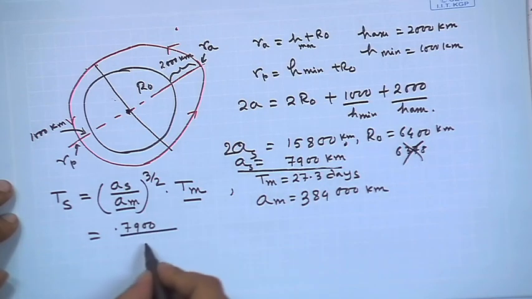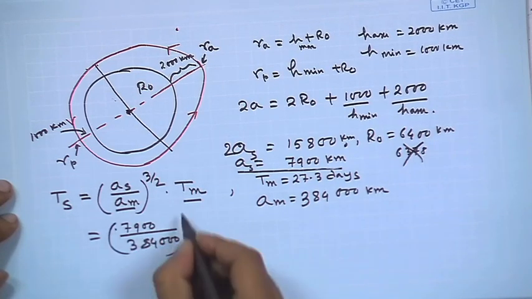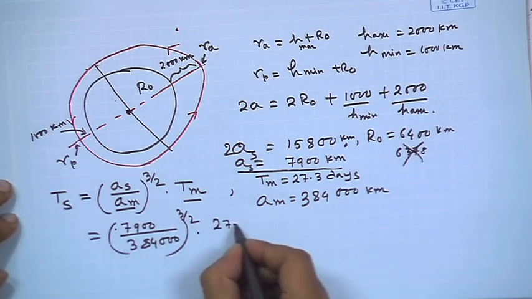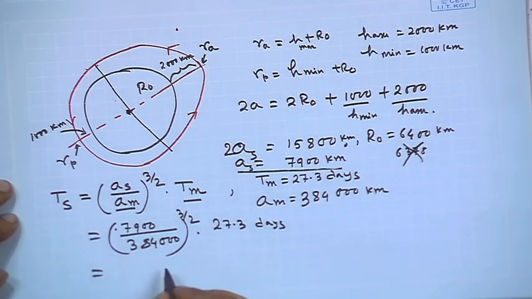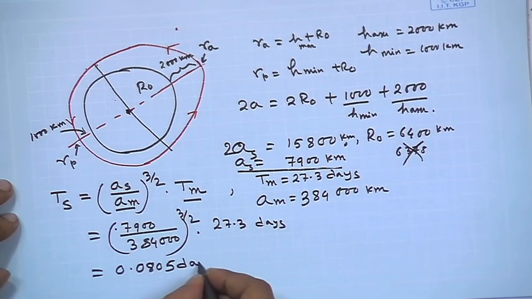So, 7900 by 384,000 whole to the power 3 by 2 into Tm, which is 27.3 days. From this we get Ts equal to 0.0805 days.